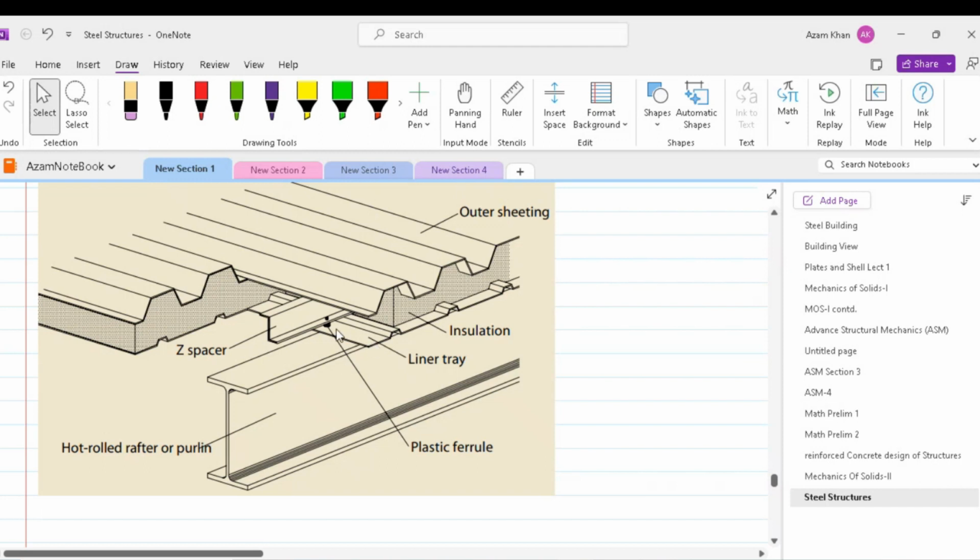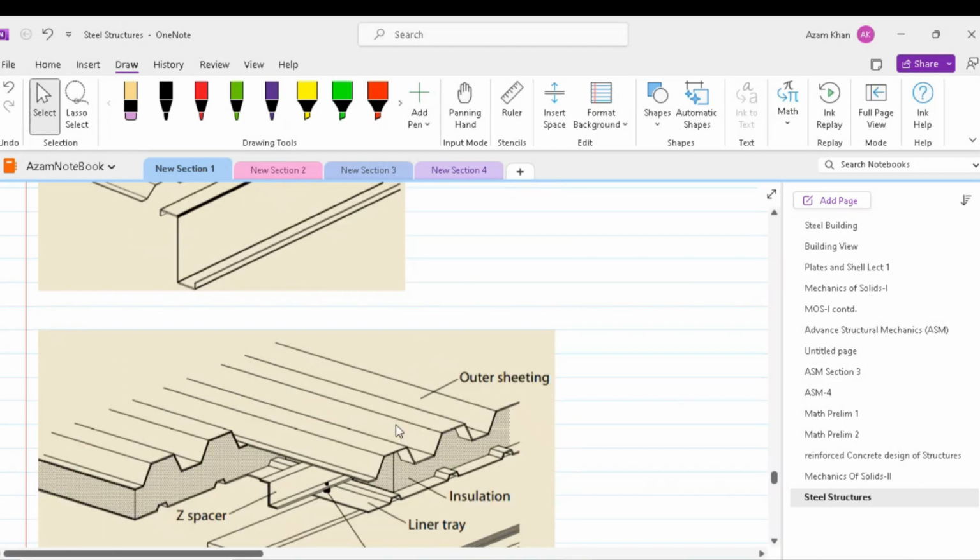The liner tray is followed by a spacing system, insulation, and outer sheeting. Because the connection between the outer and the inner sheets may not be sufficiently stiff, the liner tray and fixings must be chosen so that they provide a level of restraint to the purlins.